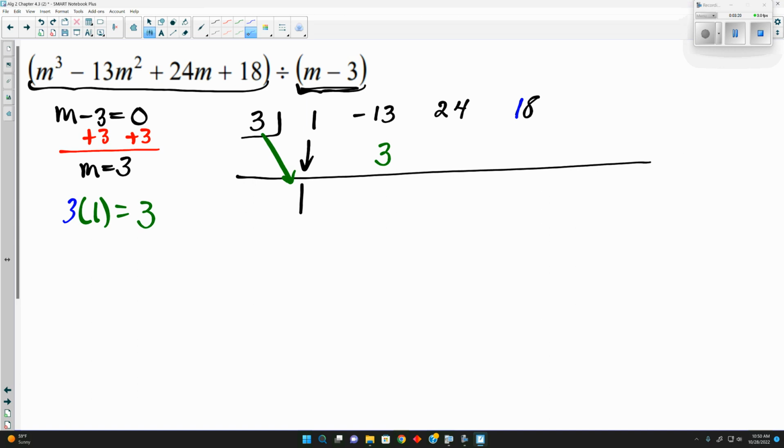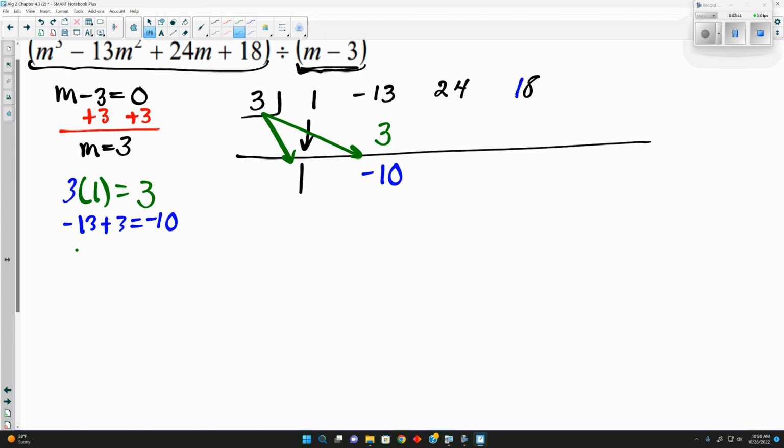We're good with this so far. Add straight down. Negative 13 plus 3 is negative 10. Okay? Question so far? Then we're going to multiply negative 10 by 3. So we have 3 times negative 10, negative 30.